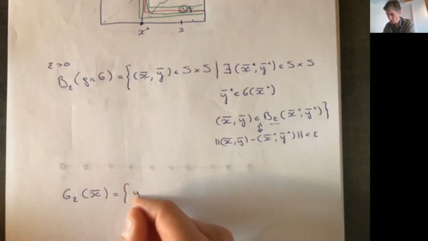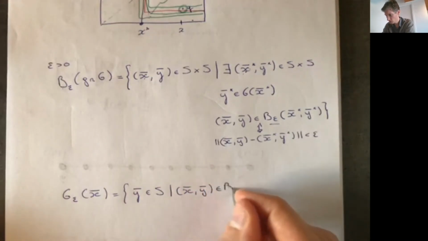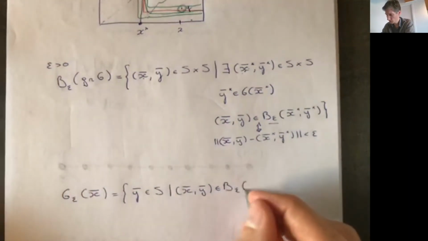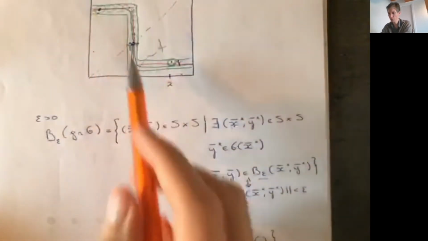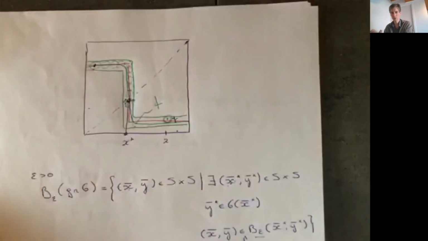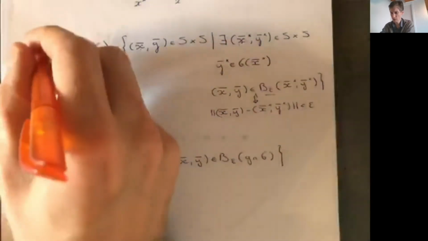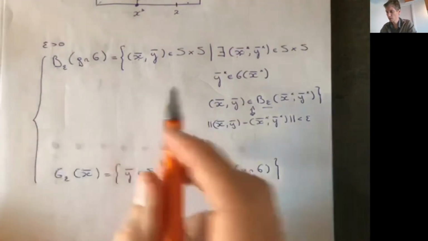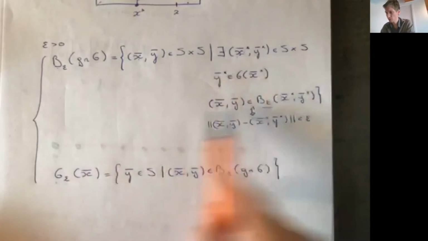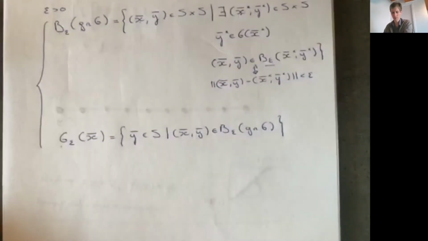Well, it's simply the y in s such that x, y is in this set here, the epsilon neighborhood of the graph of G. So this is now my new correspondence, which is this green one, an epsilon-expanded version of the original graph of G. The important thing is that you understand the real value of all this mathematical notation, that you understand what these sets mean and what this graph means.